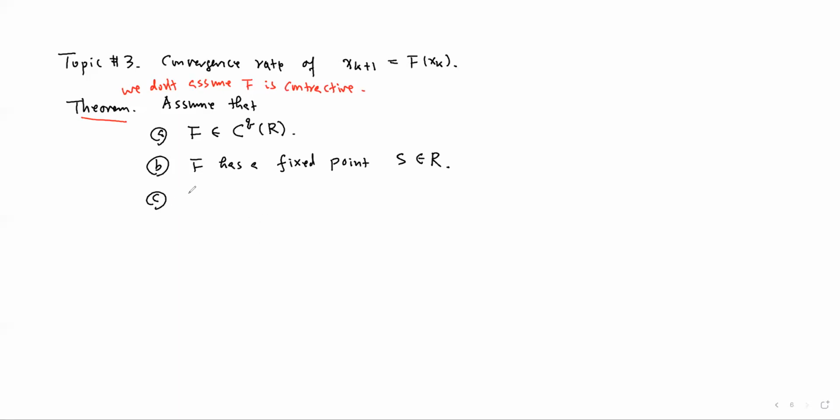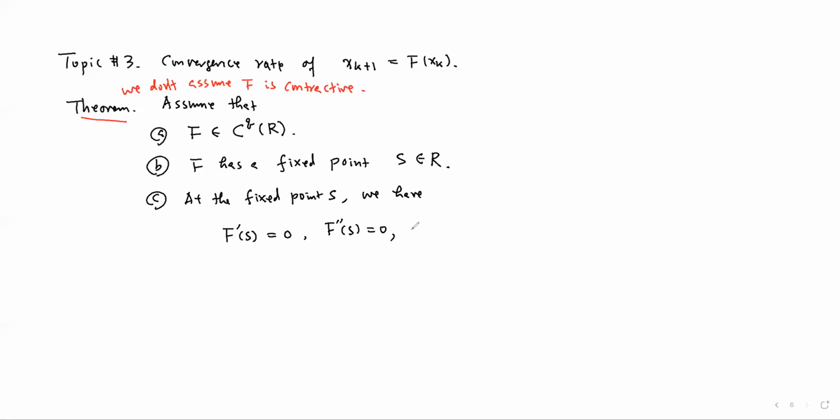At the fixed point S, we have that the first derivative of capital F at S is 0. The second derivative at S is 0.